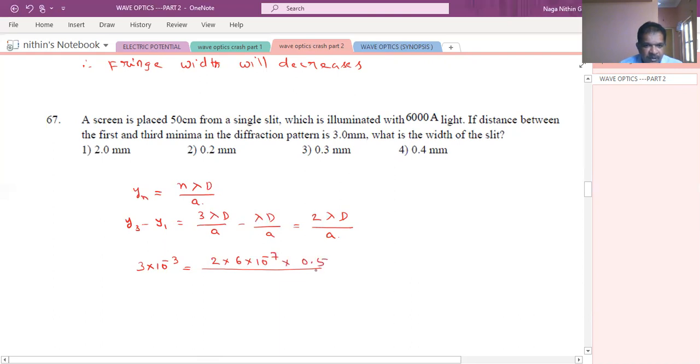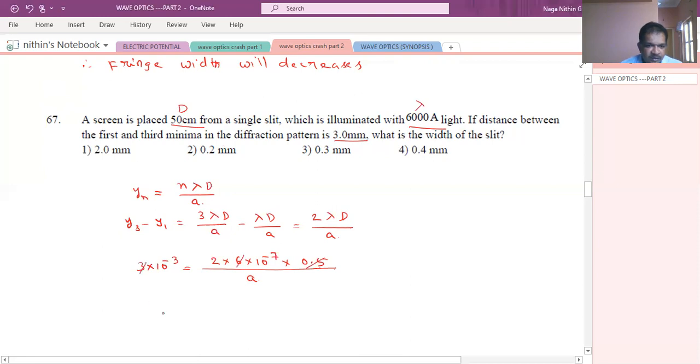50 centimeter means 0.5 meter. This is D, this is lambda. This value will be the distance between them, divided by A; we have to calculate A. If we calculate 6 into 0.5, that means 3 only.